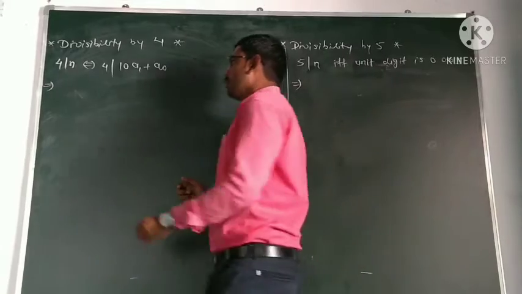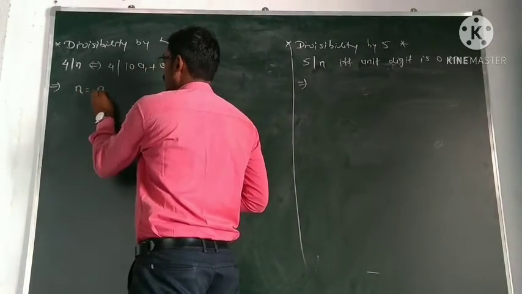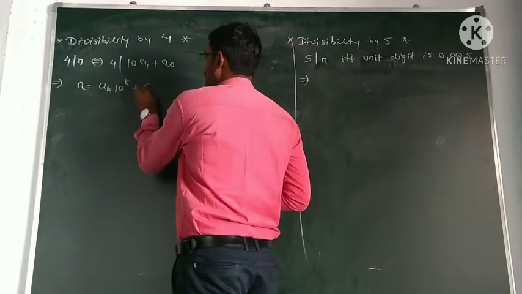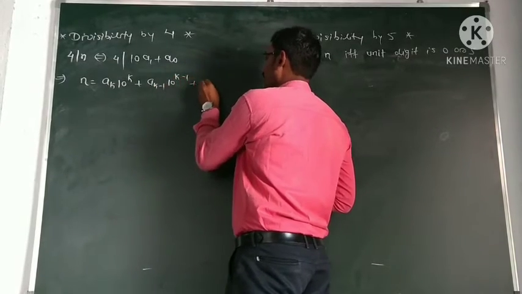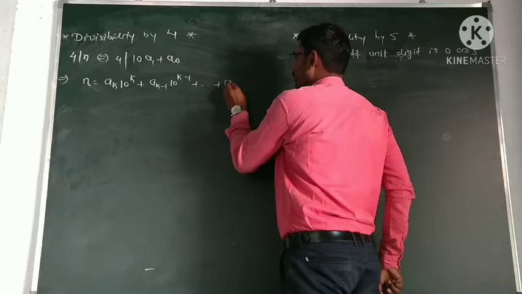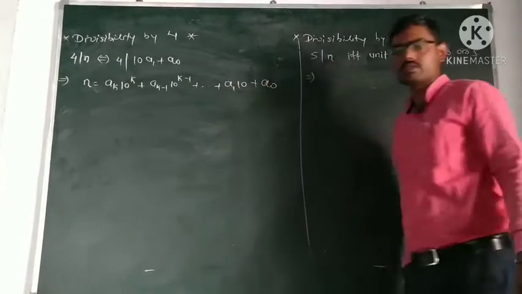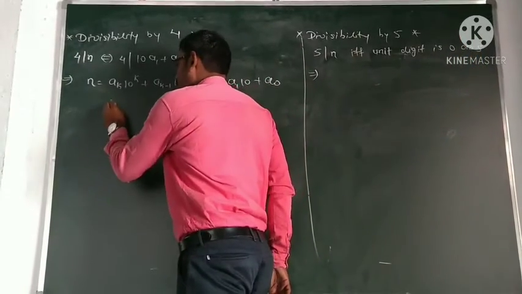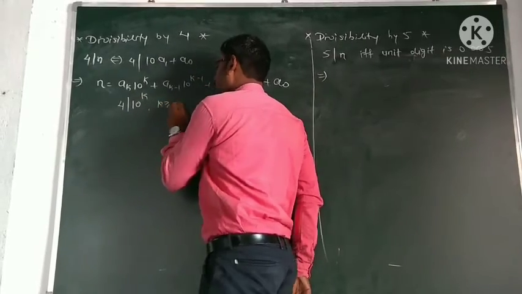Again we know the general representation of n. n is equal to ak 10 raised to power k plus ak minus 1 10 raised to power k minus 1, up to a1 into 10 raised to power 1 plus a0. But we know that 4 always divides 10 raised to power k for k greater than or equal to 2.